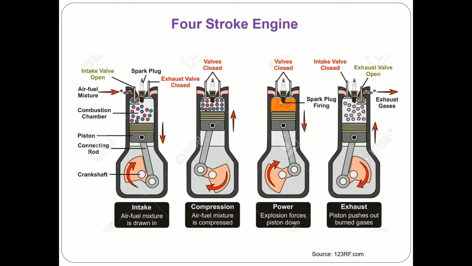So the final stroke is the exhaust stroke. There the exhaust valve is opened, piston moves from bottom dead center to top dead center, and whatever burnt gases are present which have been utilized for generation of power, they are thrown out of the engine. So that is the exhaust stroke which we have as the final stroke in the cycle.